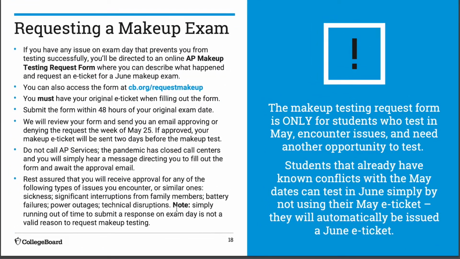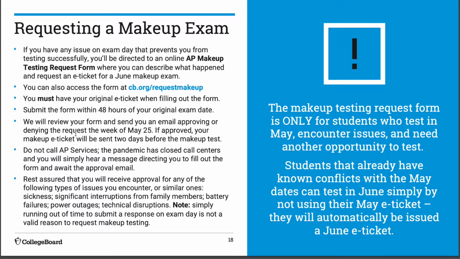Now, makeup exams, you can request a makeup if you miss the May exam, but they said earlier if you missed the May, you can just retake it in June, so it's not a big deal. So you have to submit a form, I see.